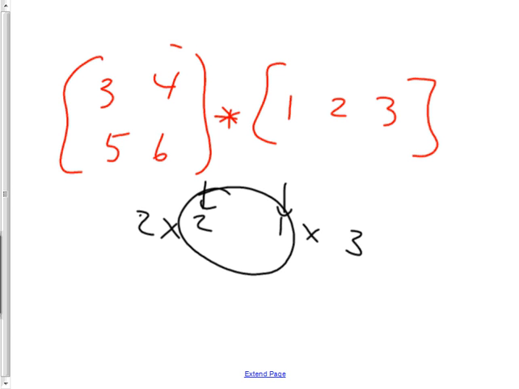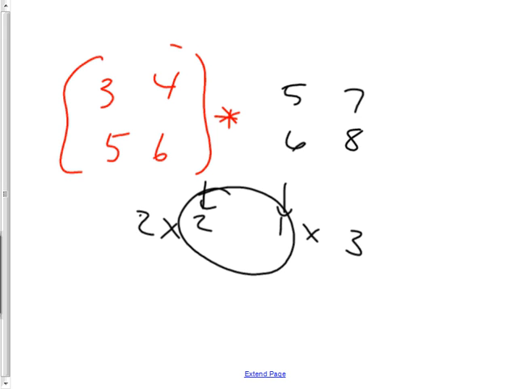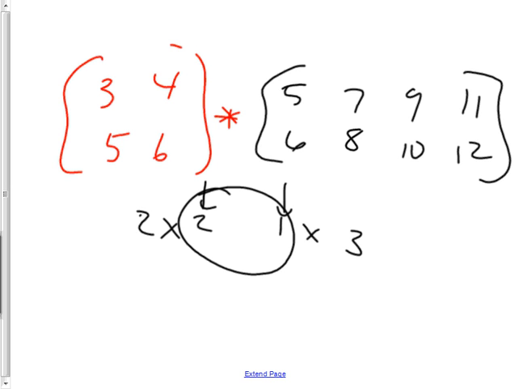Okay? So, if, for instance, I change this around to have 2 rows, it can have as many columns as I want. If it has 2 rows, like 5, 6, 7, 8, 9, 10, 11, 12. What's that? A what by what?